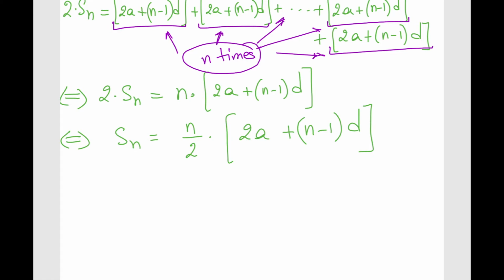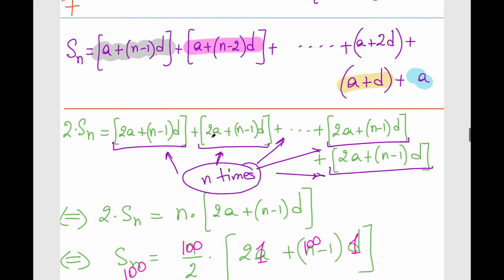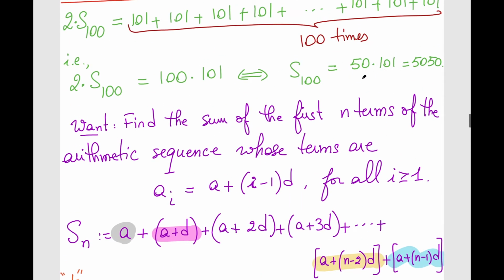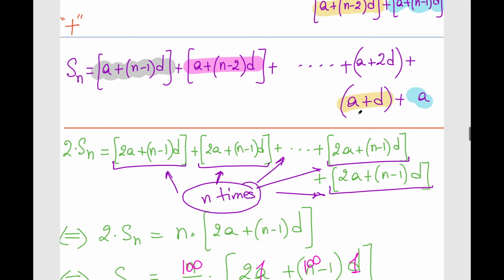So n was 100, a was 1, and d was 1. If you do the math here, you get 99 times 1, which is 99, plus 2, which is 101, and this is 50. So that's the same expression we got: 50 times 101.